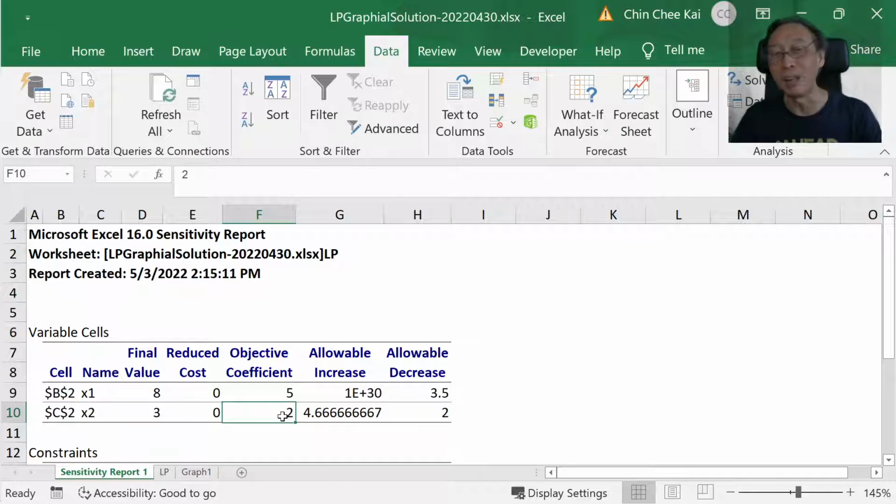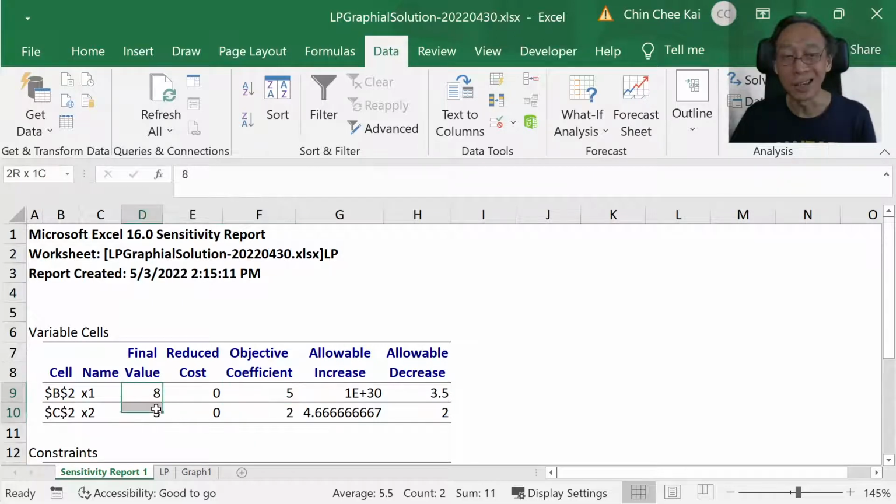Right now, we have a two variable LP model problem. So in the case of $5 per table, we ask the question, to what extent can we change the 5 so that 8, 3 remains an optimal solution?